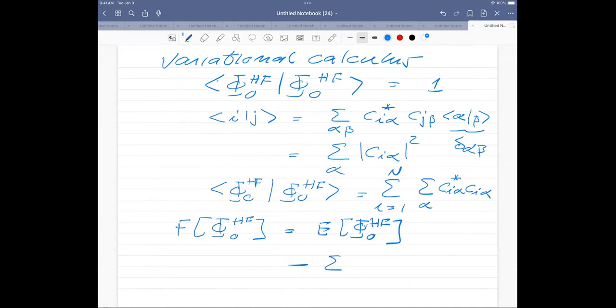So there will be a sum over i equal 1 up to n, a sum over alpha, and then we will have this multiplier here, times C_i alpha conjugate C_i alpha. So this is our Lagrange multiplier.